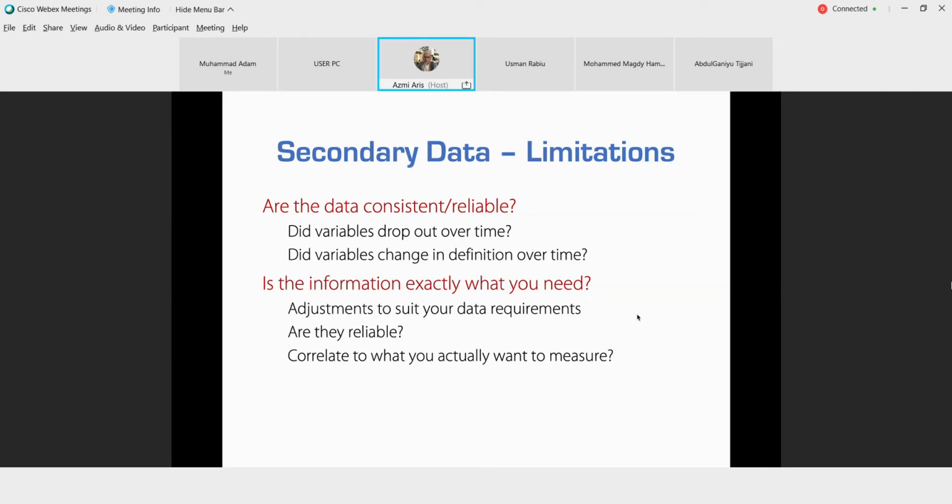And then, of course, in 2021, when you do your literature review, the best latest information that you get is 2020. But when you graduated in 2024, when you produce your thesis in 2024, that data is no longer current.